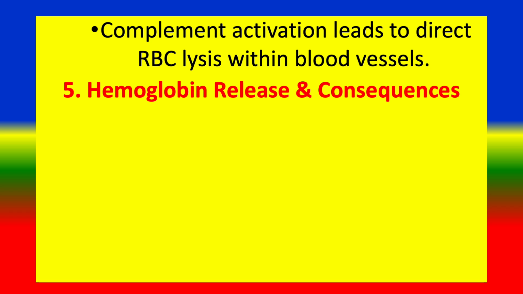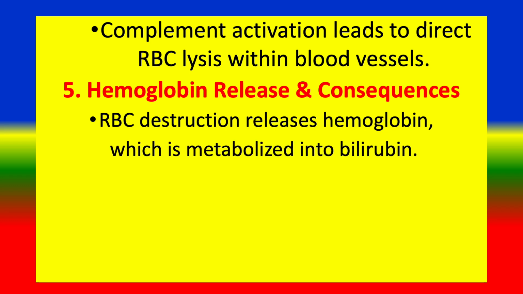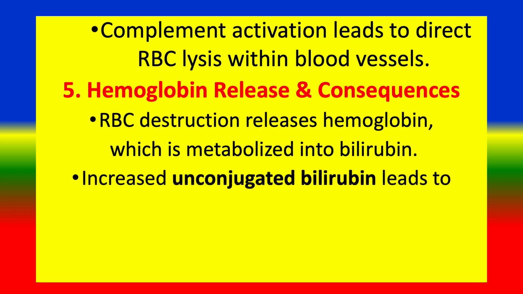5. Hemoglobin release, consequences. RBC destruction releases hemoglobin, which is metabolized into bilirubin. Increased unconjugated bilirubin leads to jaundice.